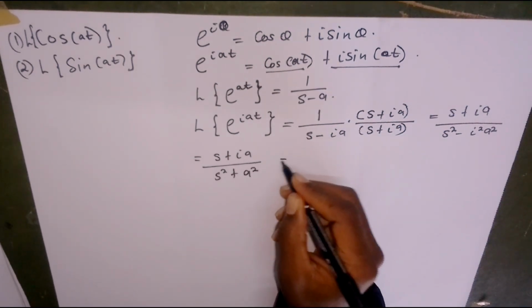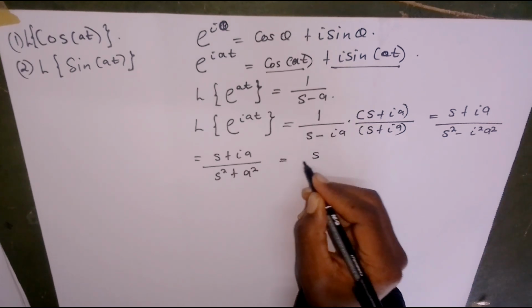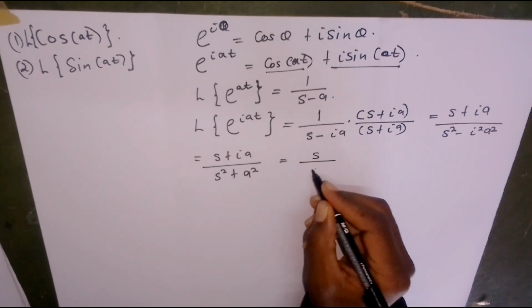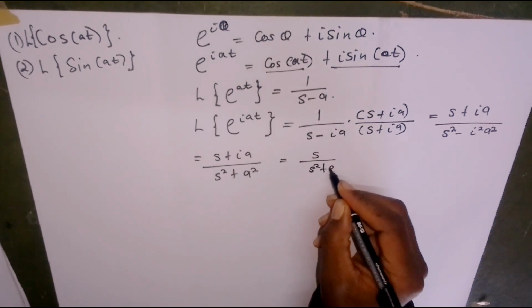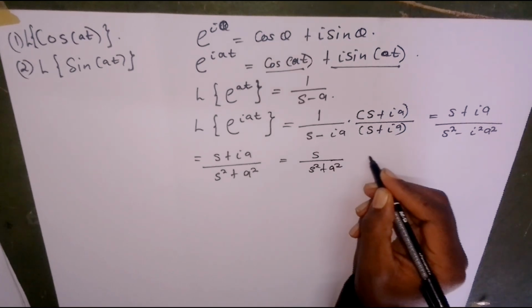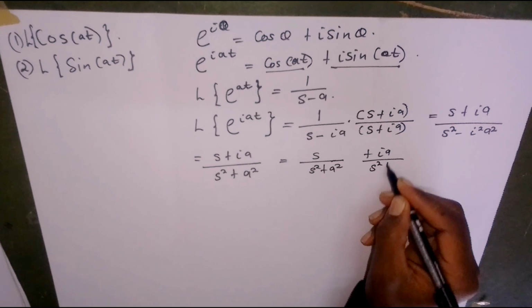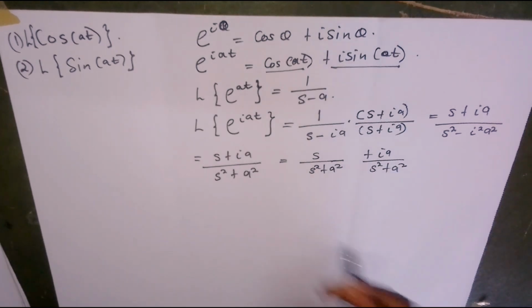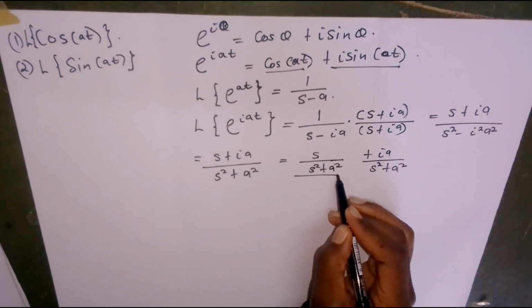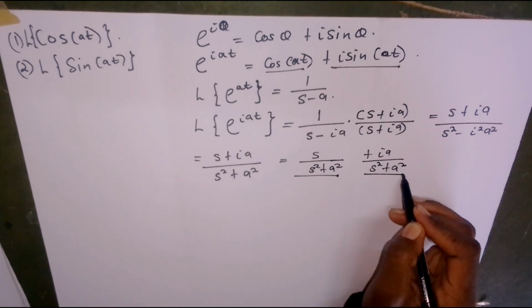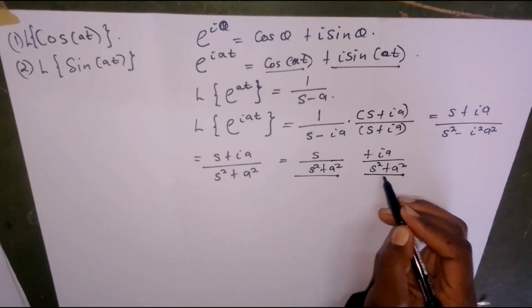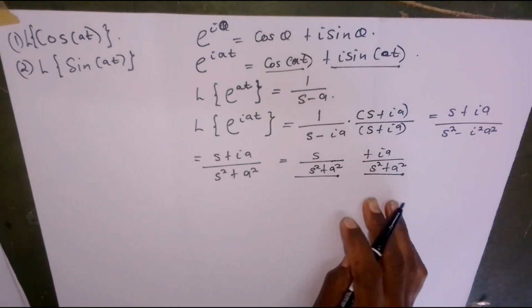Then we can separate the fractions and are left with s over s squared plus a squared plus ia over s squared plus a squared, and this one is cos, and then this one, ia over s squared plus a squared, is for sine AT.